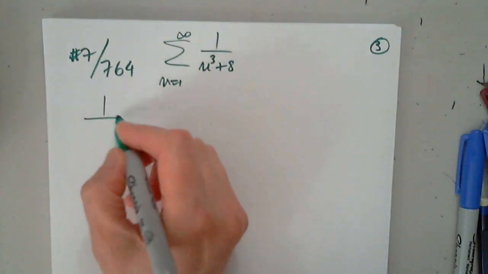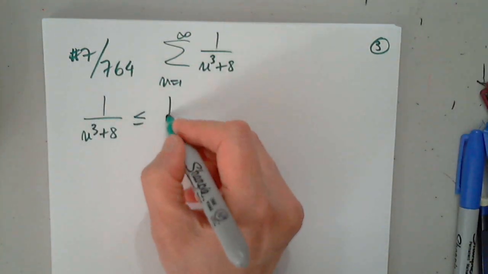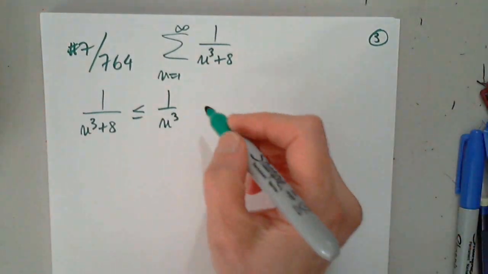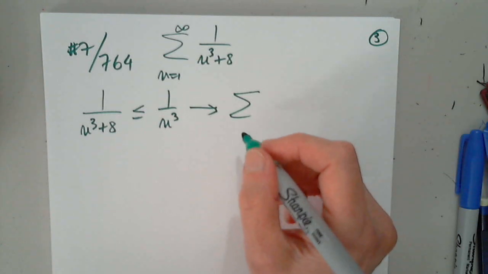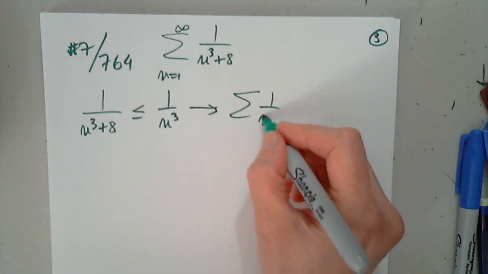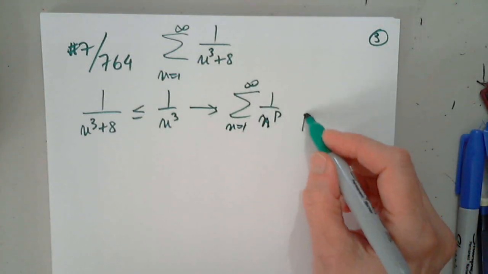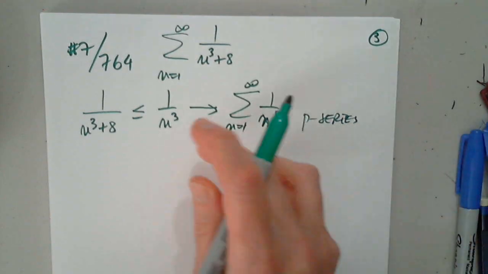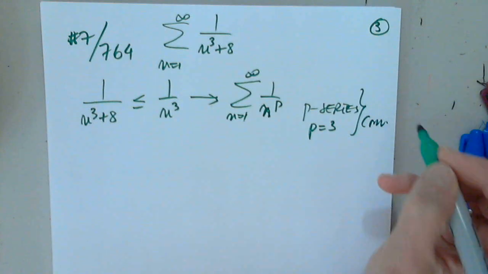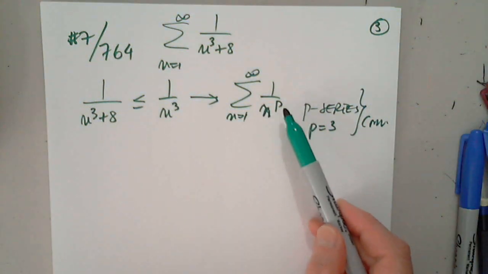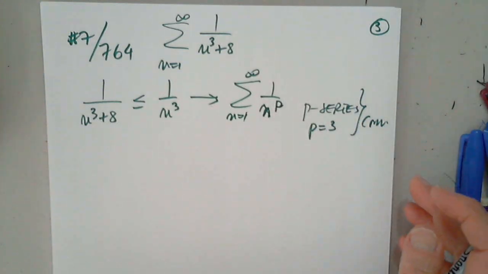This is a simple situation because the denominator is bigger here, so this will always be less than or equal to 1 over n cubed, which we know is a p series, 1 over n to the p, n from 1 to infinity. In this case, p equals 3, which is convergent. And we know that a p series is convergent as long as p is greater than 1.